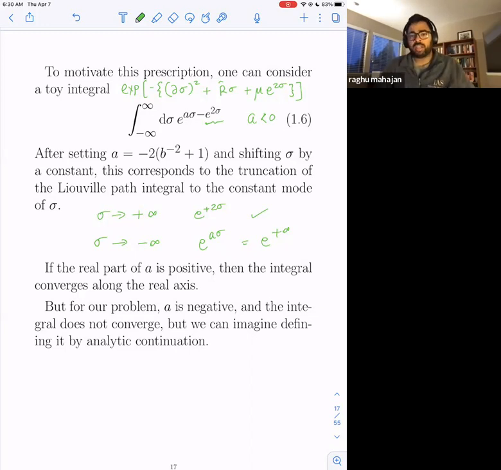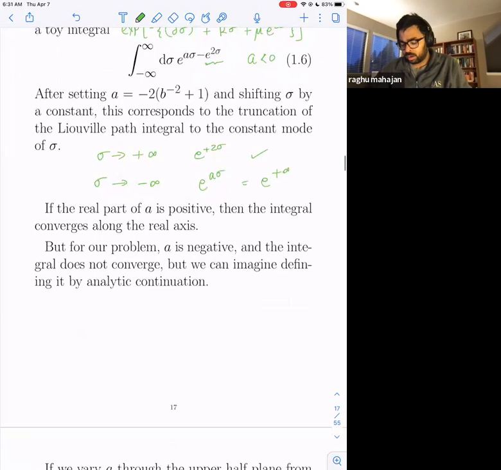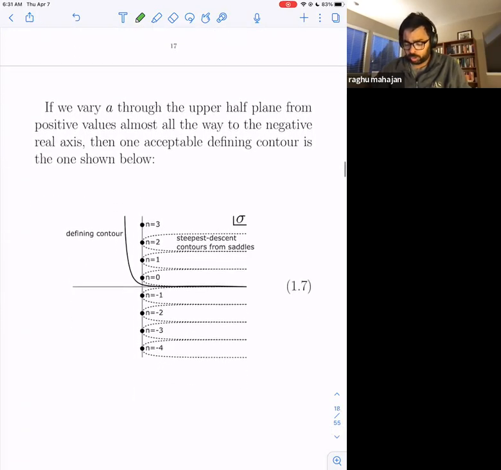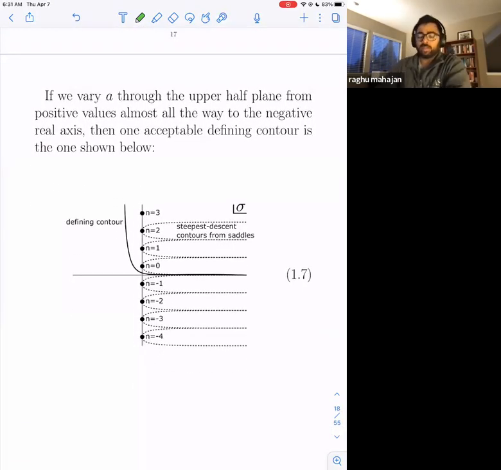And the point is we can define it by analytic continuation. So if you start from the positive a, where the integral is well defined, and make a path in the complex a plane, let's say through the upper half plane or the negative half plane, then an acceptable definition of the contour is the following. So this is the complex sigma plane, and this is the defining contour here, the black thing on which I put the arrow.